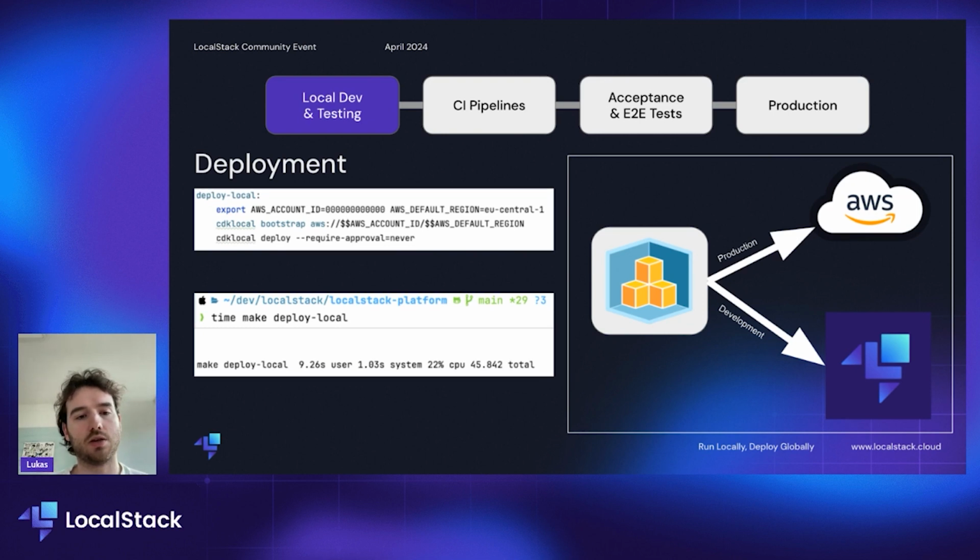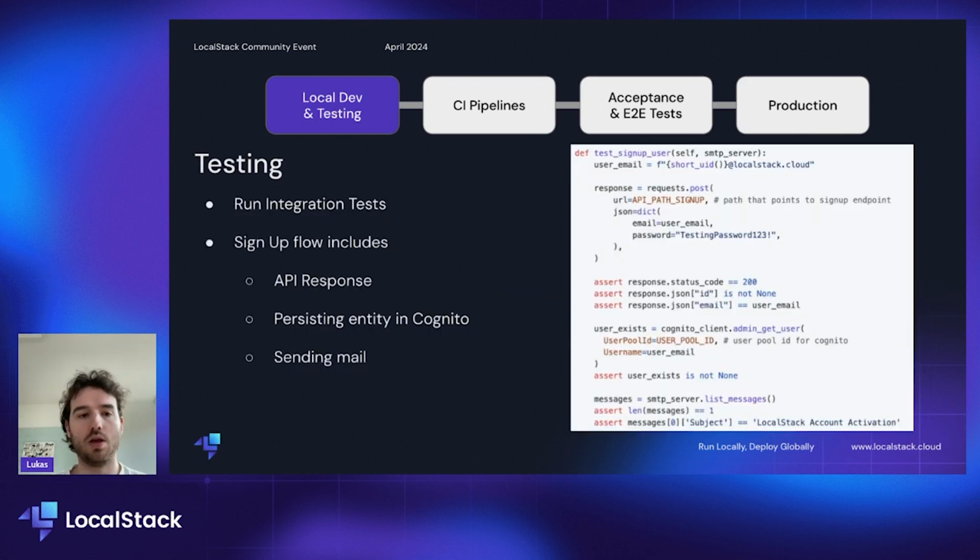On the left-hand side, you can see I've included two screenshots. The first one is a make target called deploy local, which uses CDK local to deploy the whole stack to LocalStack. And on the second screenshot, you can see that it takes little amount of time, almost a minute, to deploy the whole application locally, which is great because once everything is deployed and wired up correctly, we can write and run integration tests.